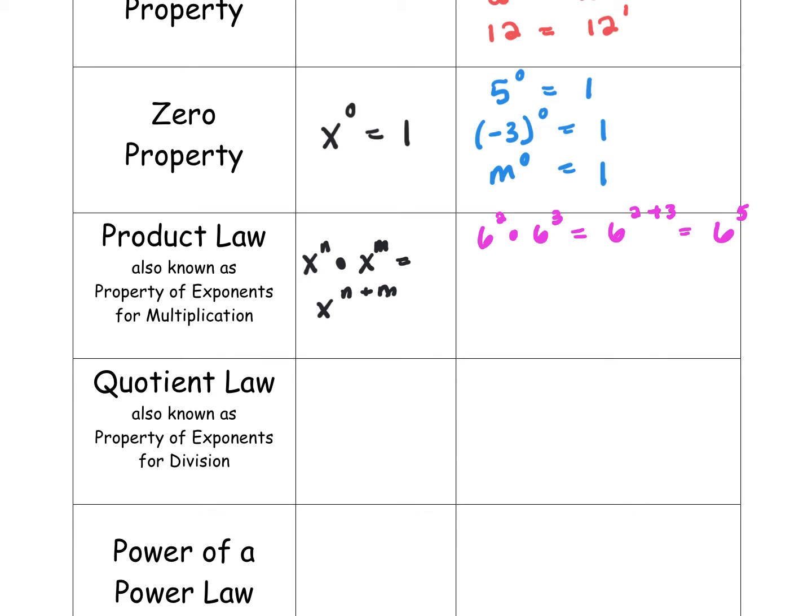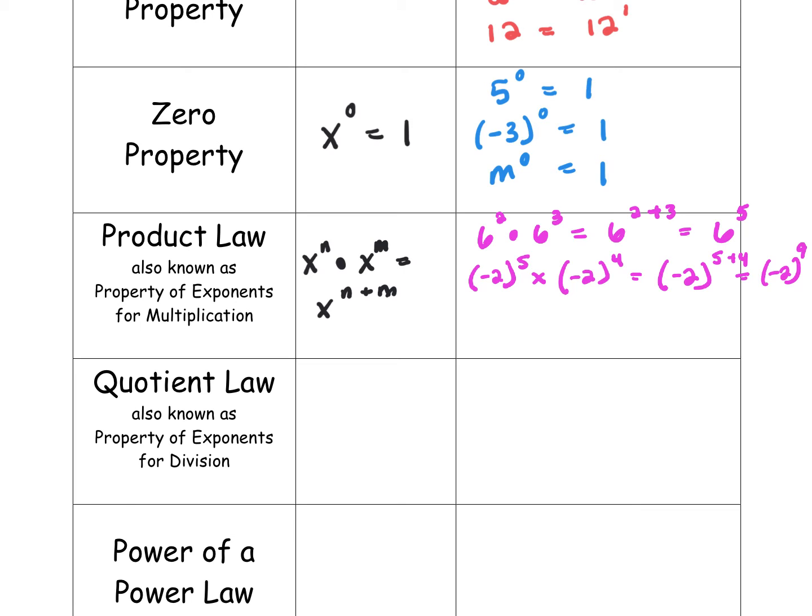It would also work with negative numbers. If we had negative 2 raised to the 5th power times negative 2 raised to the 4th power, we could write that as negative 2, and then we'd add 5 plus 4, or 2 powers, and we would get negative 2 raised to the 9th power.